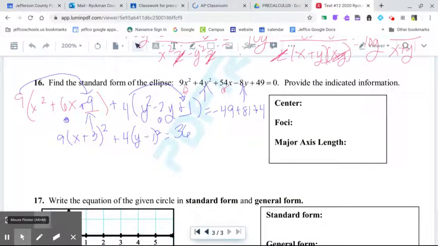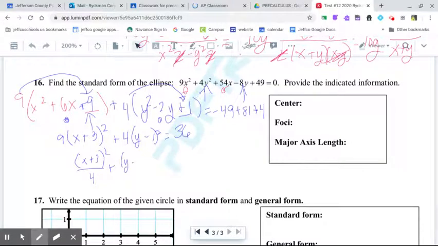All right, so now, dividing by 36, I get x plus 3 squared over 4 plus y minus 1 squared over 9 equals 1. From there, we can see the center is the opposite, so negative 3 and positive 1.